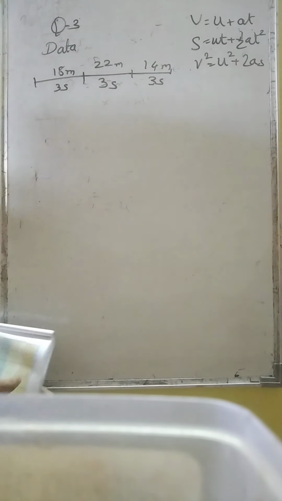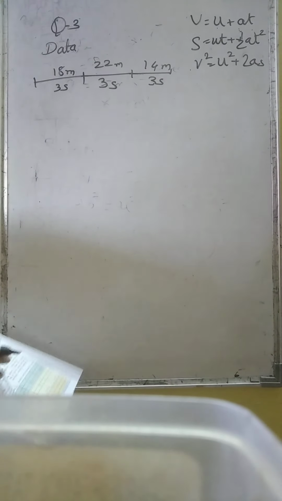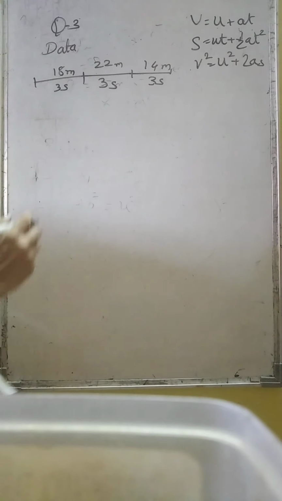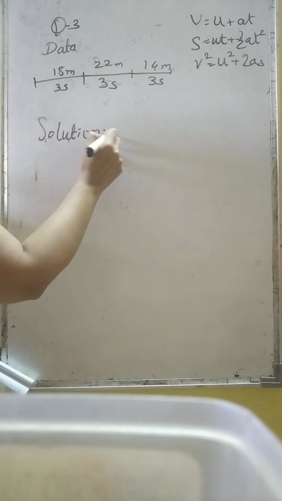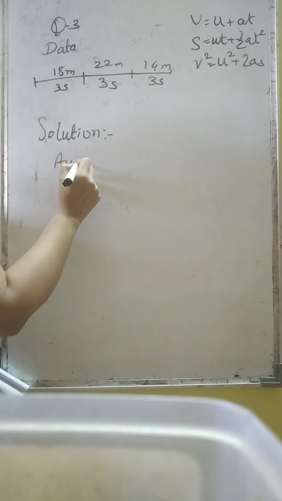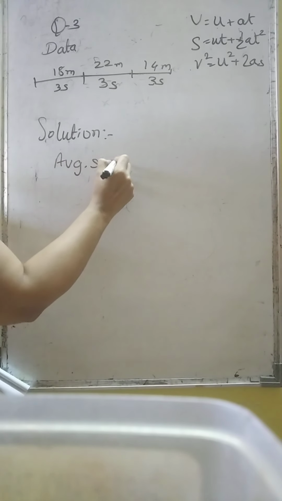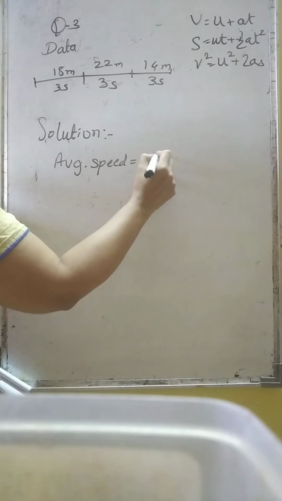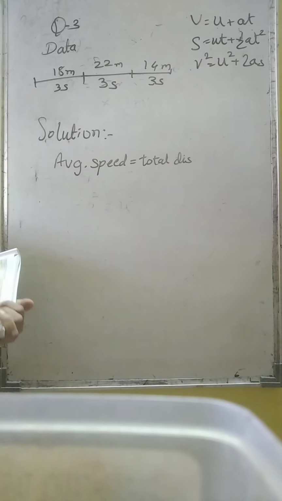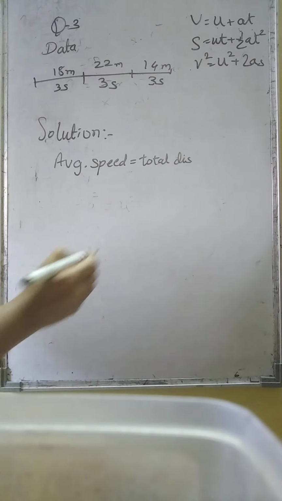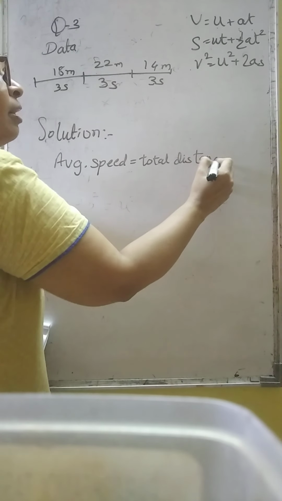So how do you find the average? Average is total distance upon total time. So directly write down the solution. Average speed is equal to total distance upon total time.